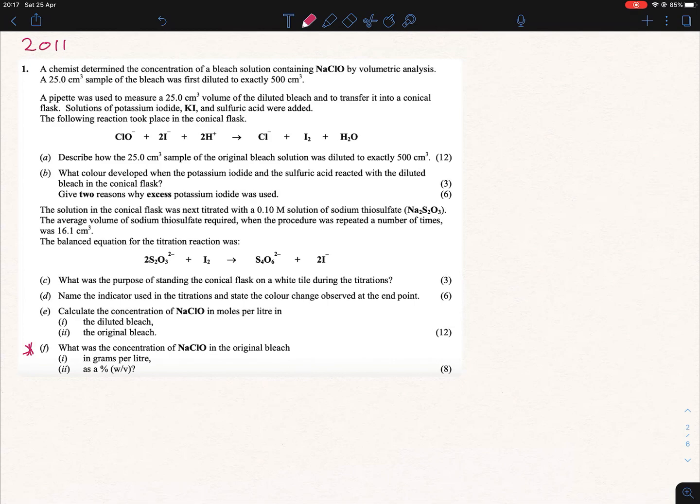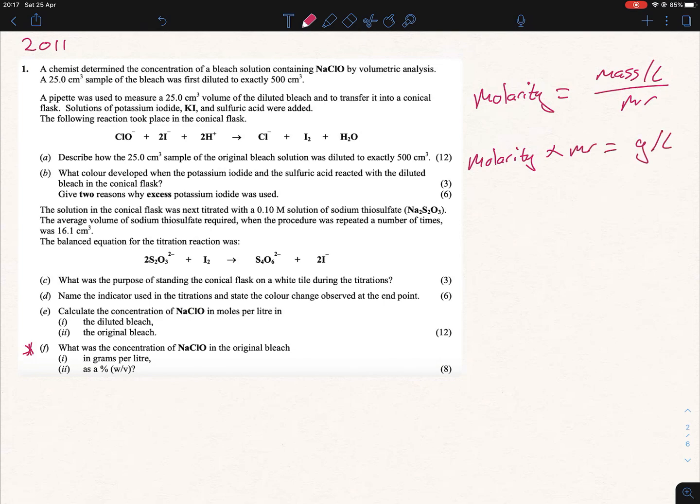Whenever you see grams per litre, really you can just do molarity equals your mass, which is measured in grams per litre, over the Mr. Therefore, your molarity times the Mr equals this in grams per litre. And then we can just figure out what that is.